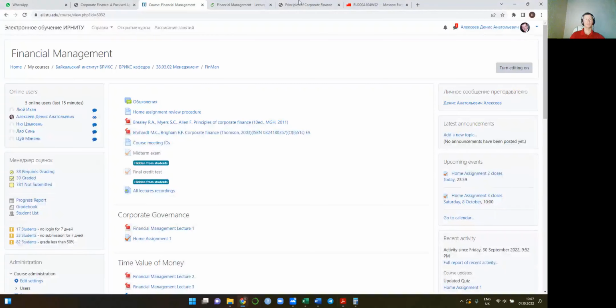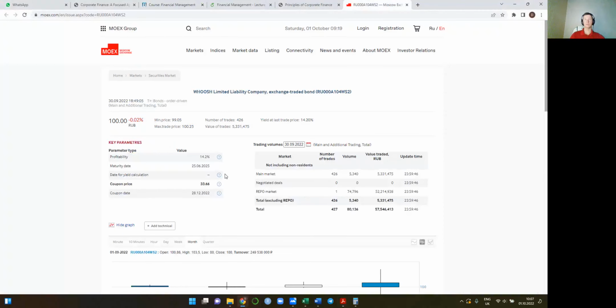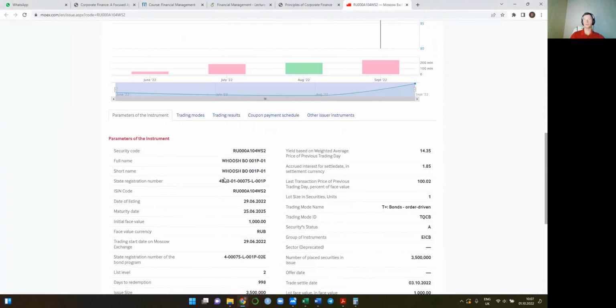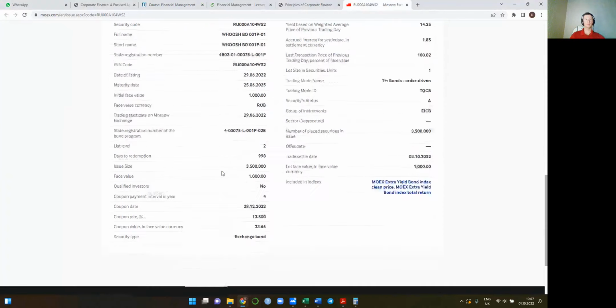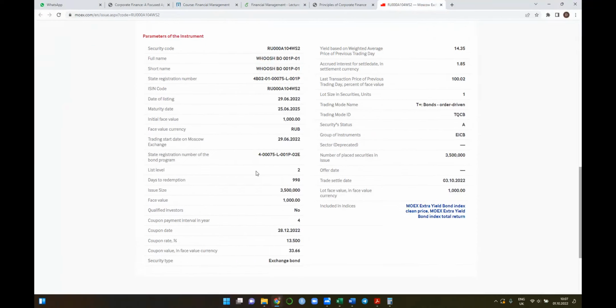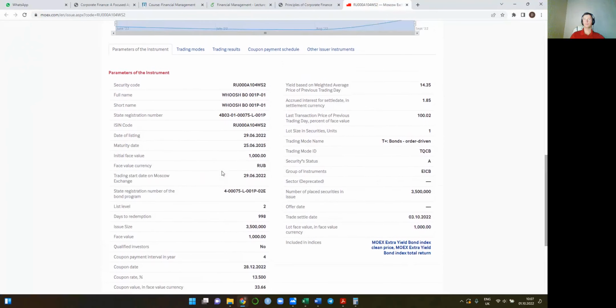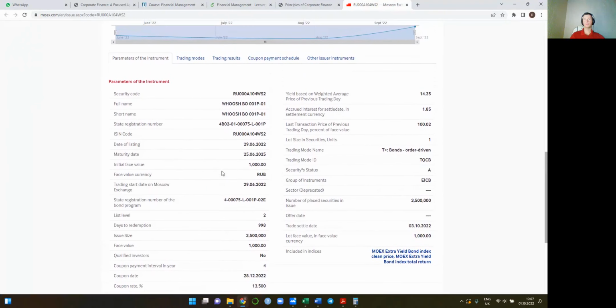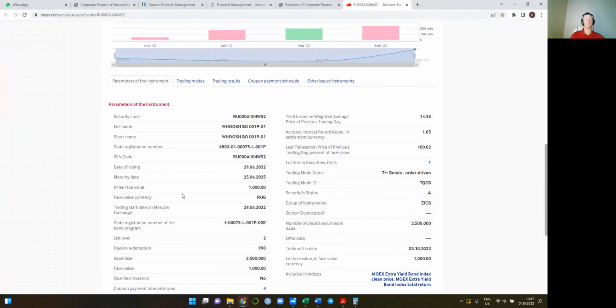So by the way, we can look at the parameters of this bond, and we probably will be able to find the duration. I'm not sure whether they report duration or not, but if they do, I must be able to find it.